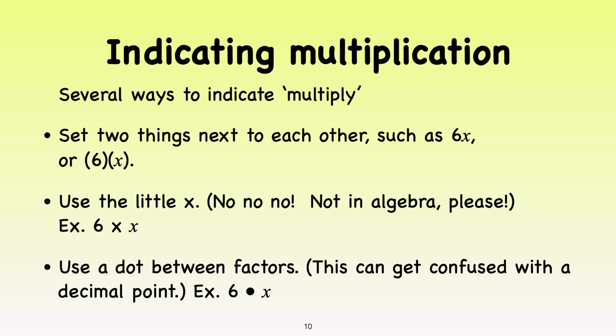But there is one case where we will continue to use that little crisscross x, and that is in scientific notation. More on that later. Finally, we can use a dot between the factors. 6 dot x also means 6 times x.